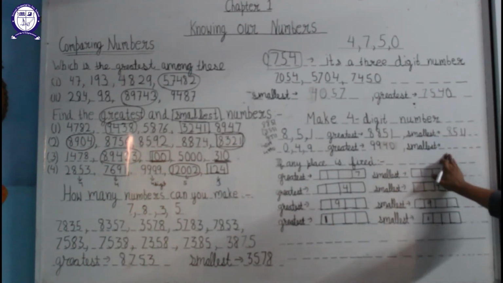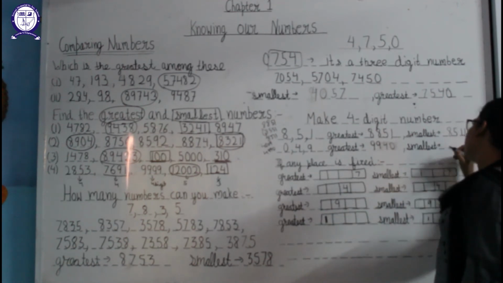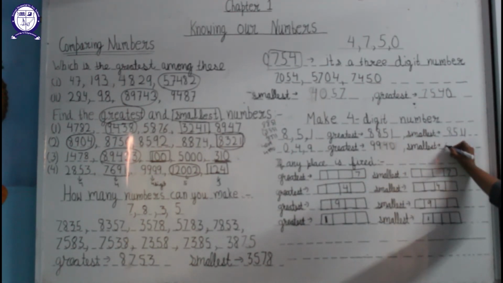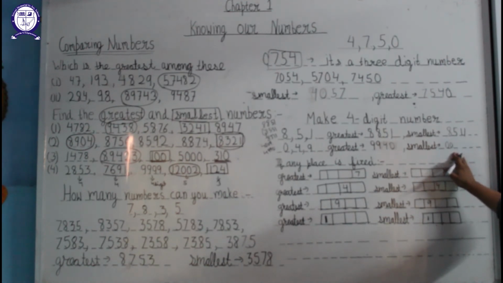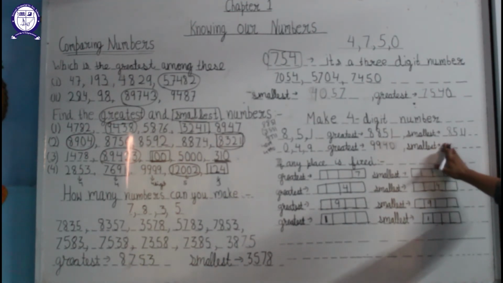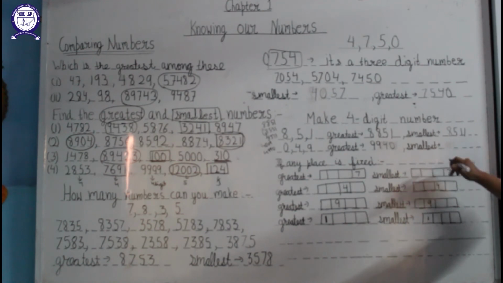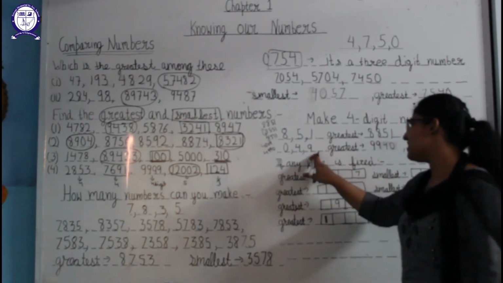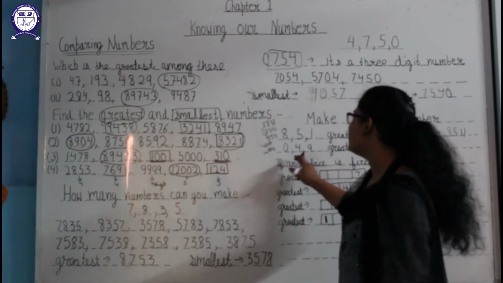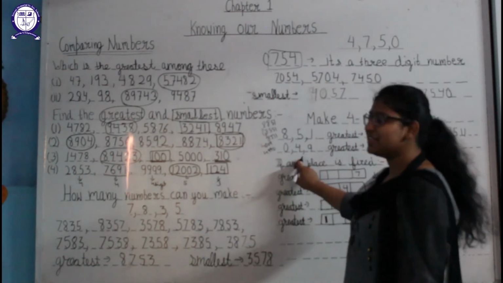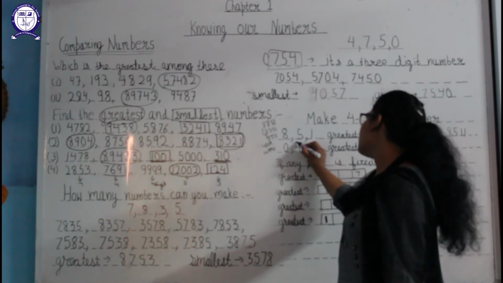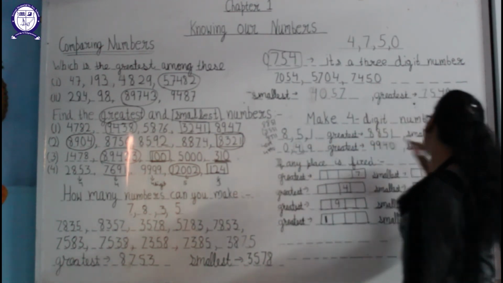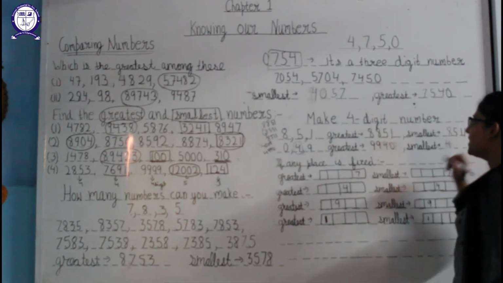Now here we have to make the smallest from these given digits. Here in the starting also we cannot use 0, or any of the single 0, because it will not be a 4-digit number. So we will use 0, 0 at the last. So in that kind of situation we will use the second smallest number, so it is 4. So we will put 4 at the first place.